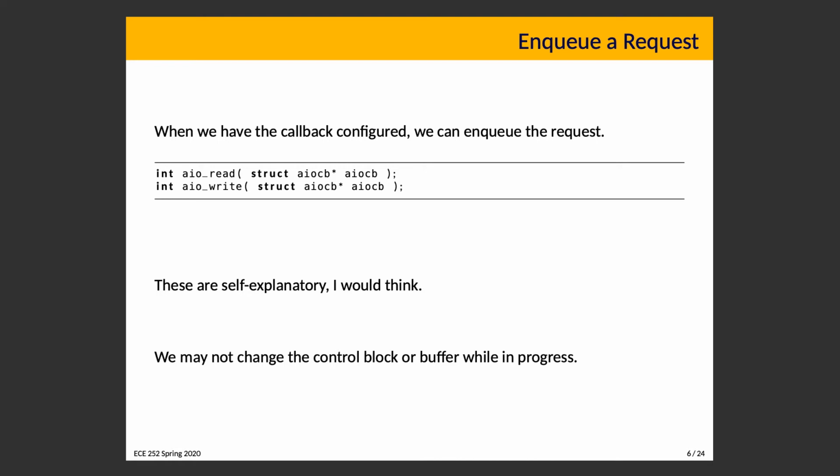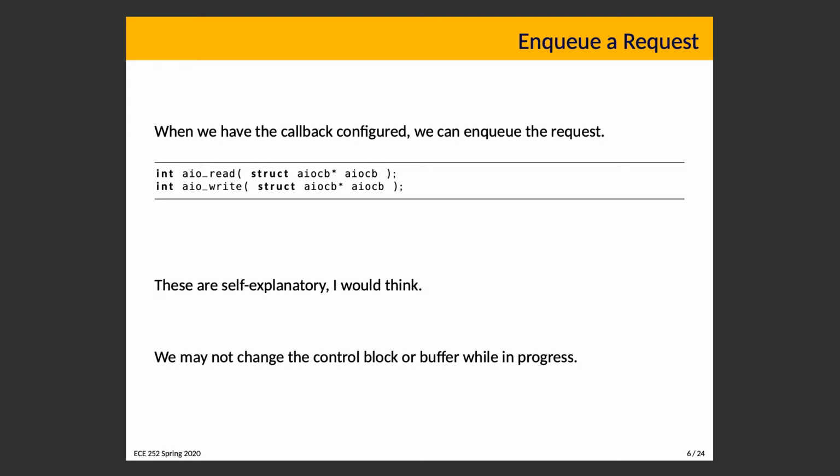Now, perhaps you're thinking, why is this a concern? Well, one thing that I have seen, and this was observed during a previous in-class exercise, is that if you write a for loop and you stack allocate your AIO control block, so you say, okay, for i equals 0, i less than number of files, i++, and then you just stack allocate your AIO control block, and you populate all the fields, and then you call AIO read with an address of this AIO control block.